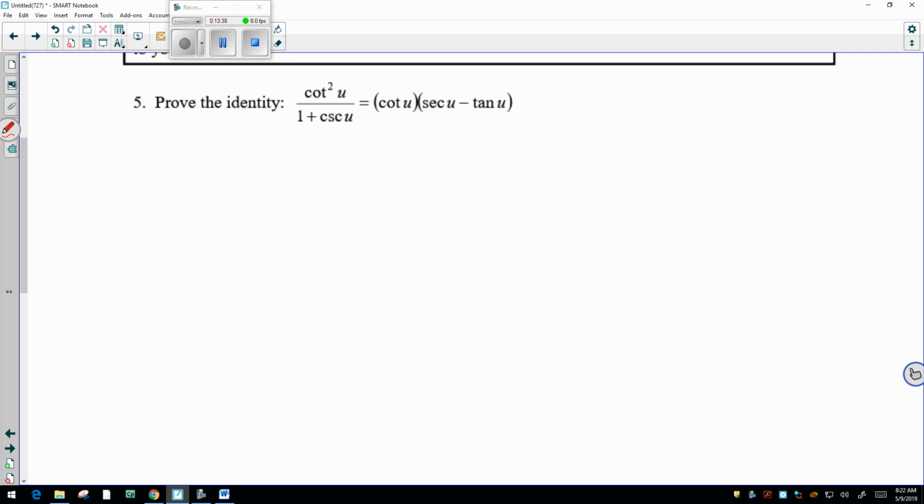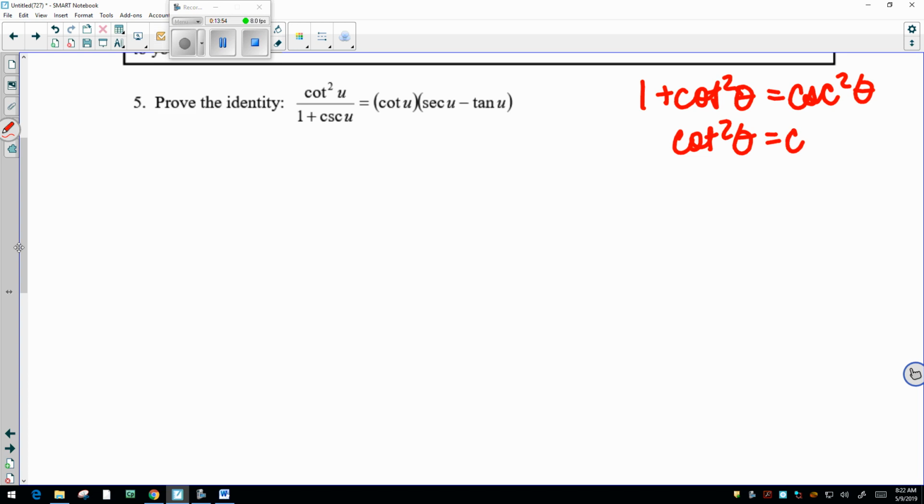Rather, I may look at that and say, again, I have a Pythagorean identity that we know. And I'm going to see, can I do some sort of a substitution? So if I subtract over the 1, I can see cotangent squared is going to be equal to cosecant squared minus 1. Okay, so in our numerator, I'm going to do our first step.